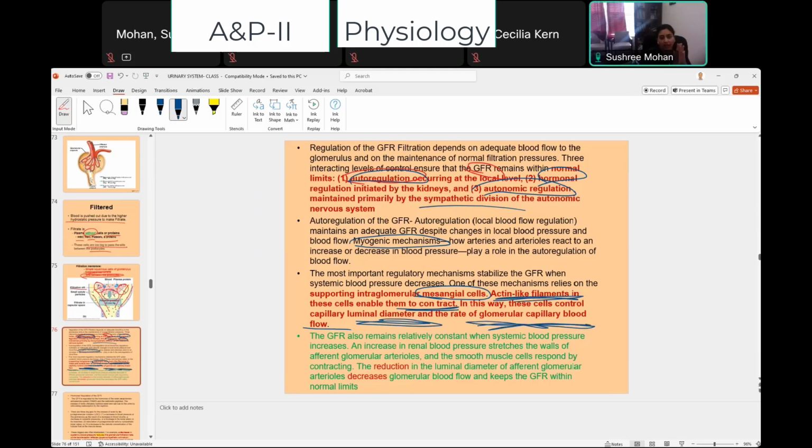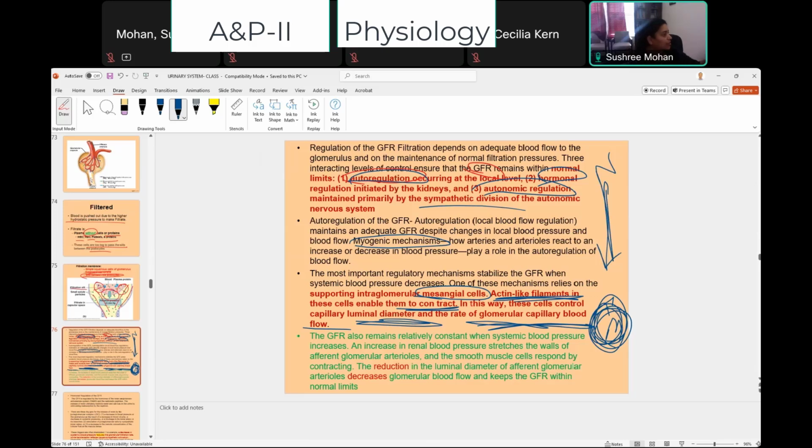So these glomerular capillary cells, also called the intraglomerular mesangial cells, have smooth muscle. And so whenever there is smooth muscle, they can contract or dilate and regulate the diameter. So in case the blood flow fluctuates, these cells can contract and adjust their diameter in such a way that the blood pressure which had fluctuated would get back to normalcy.